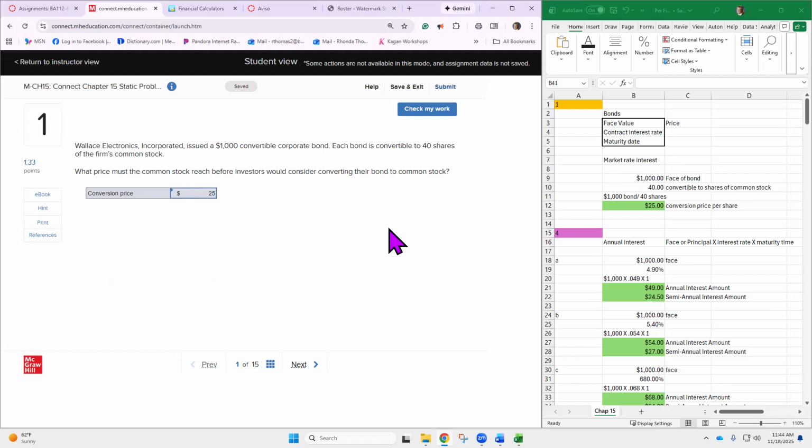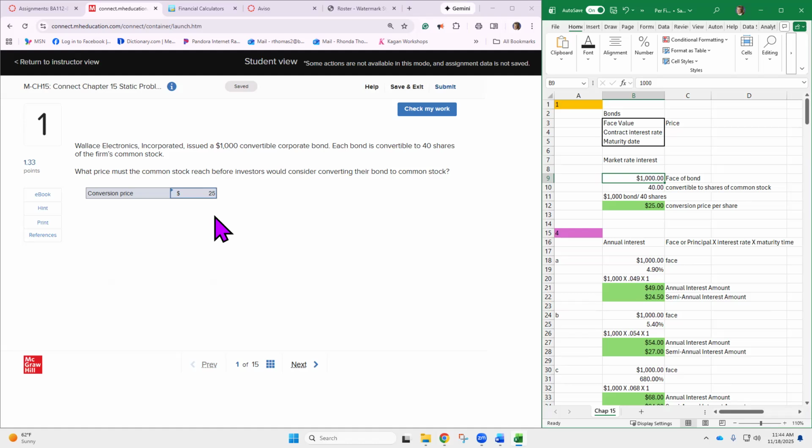Okay, so this first one is talking about a $1,000 corporate bond that can be convertible to 40 shares of the firm's common stock. What price must the common stock reach before investors would consider converting their bond to common stock? This is taking a debt instrument, which has interest that must be paid back, and converting it into ownership or shares of stock of this company's business.